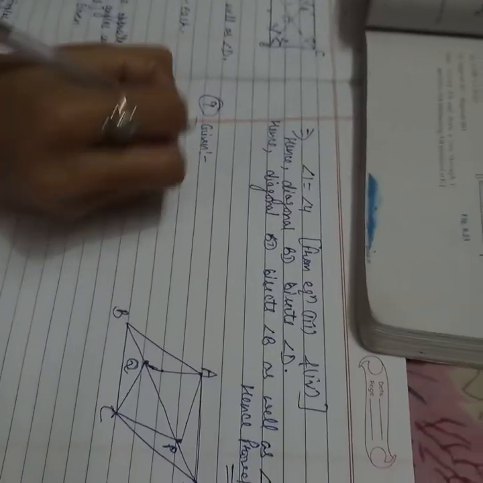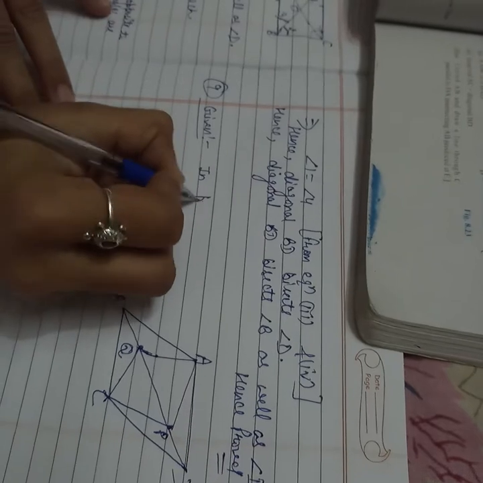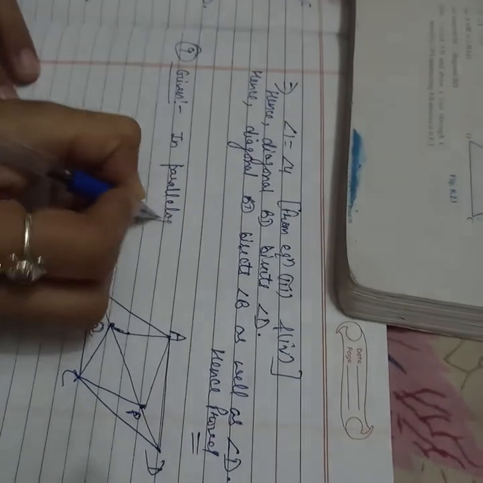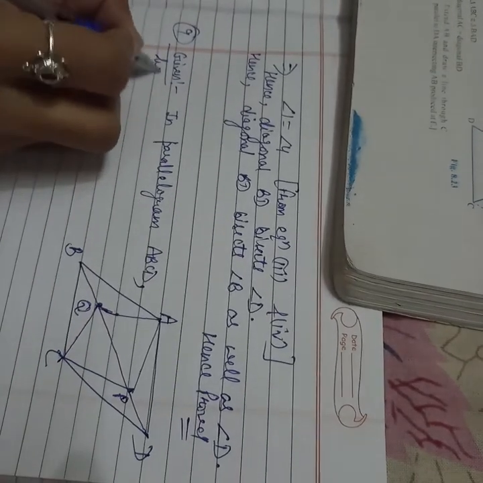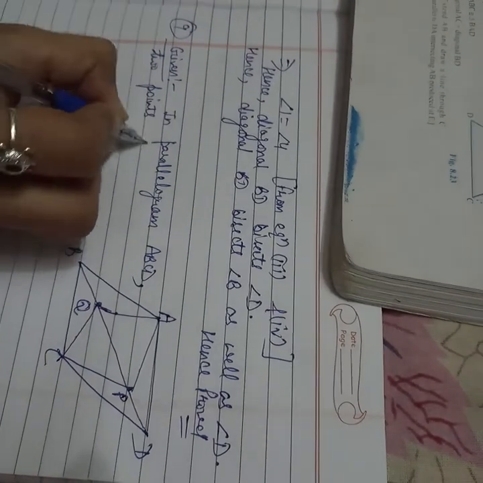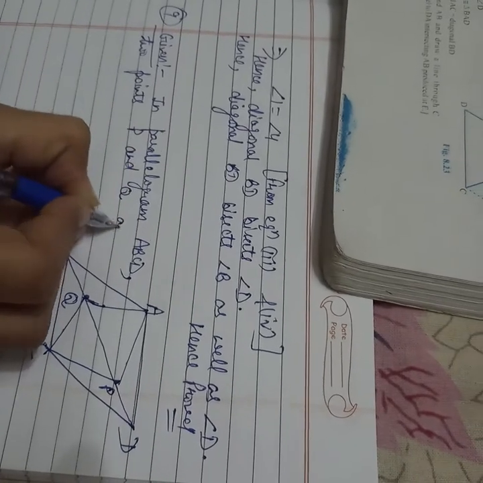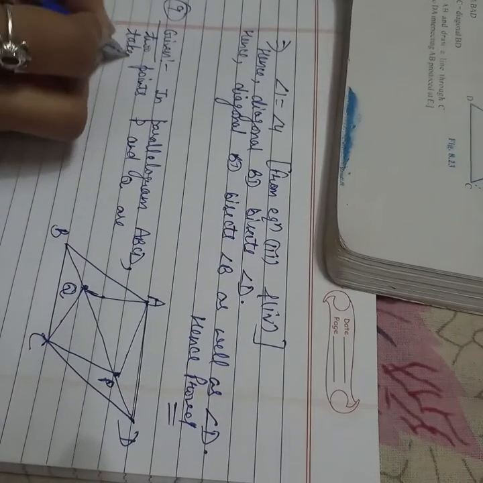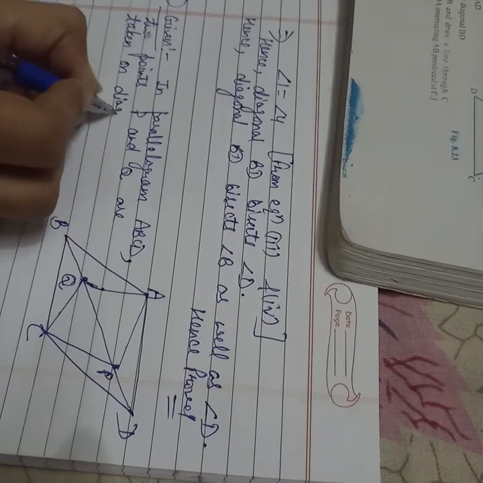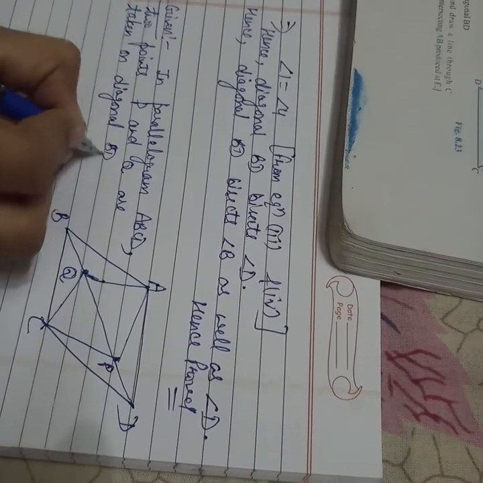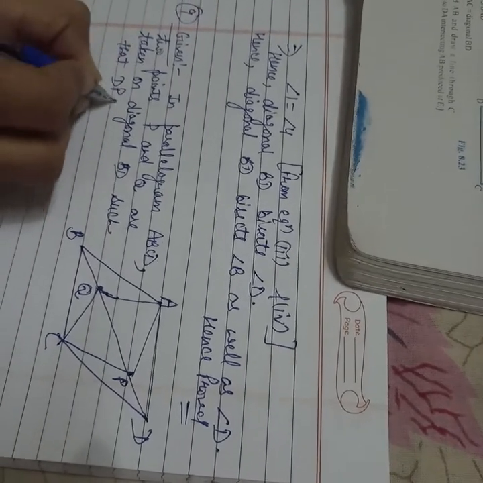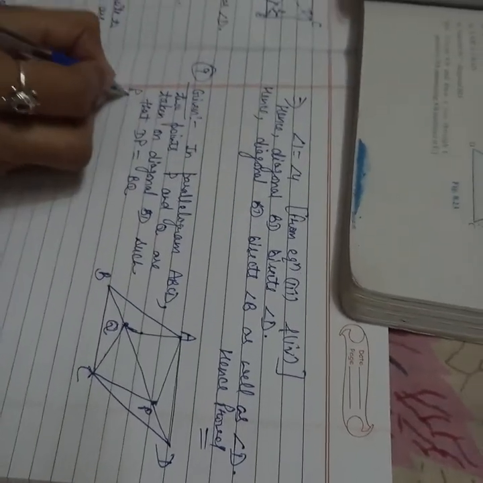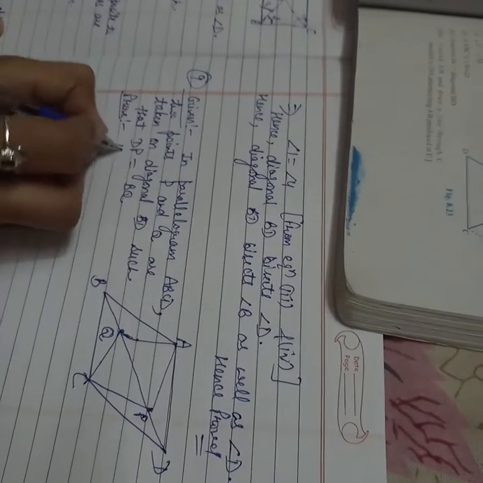Now given in parallelogram ABCD, 2 points P and Q are taken on diagonal BD such that DP equals BQ. Now in prove, we have to prove 5 points.